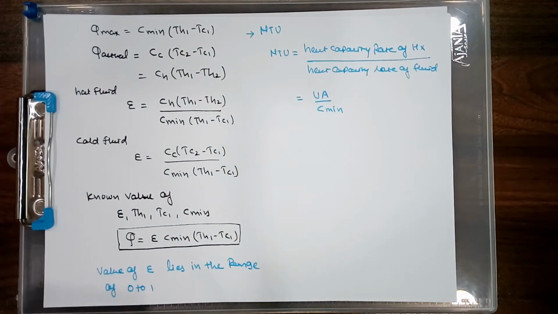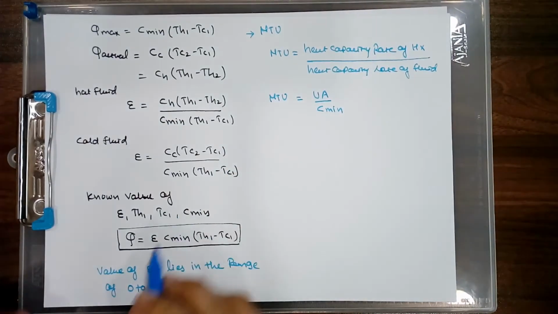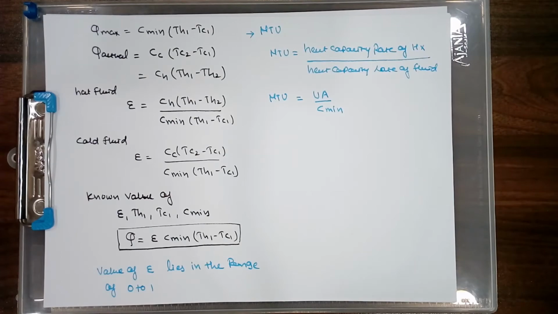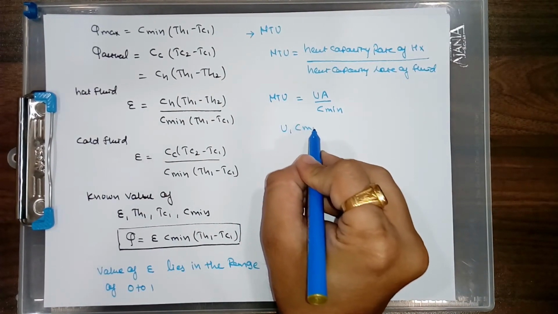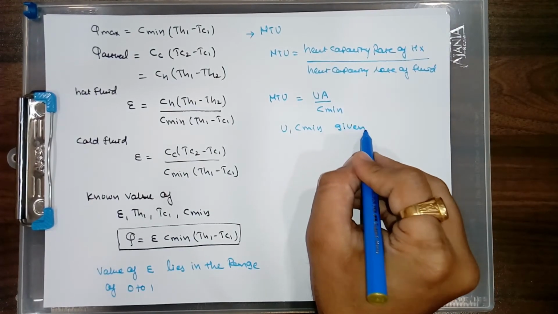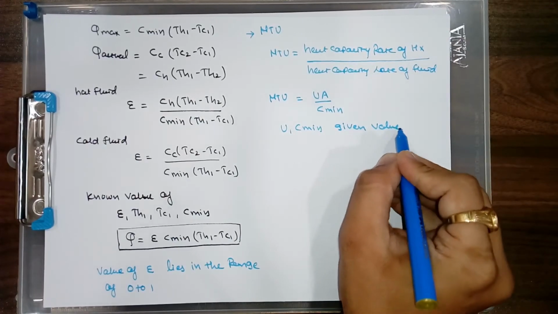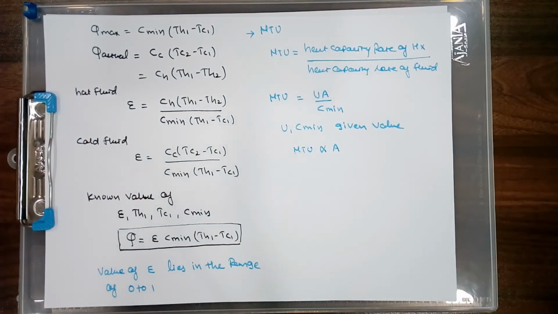From the equation NTU equals UA upon C_min, we can conclude that U, the overall heat transfer coefficient, is a fixed value, as well as C_min is a fixed value. So for the given values, the NTU is directly proportional to the area.